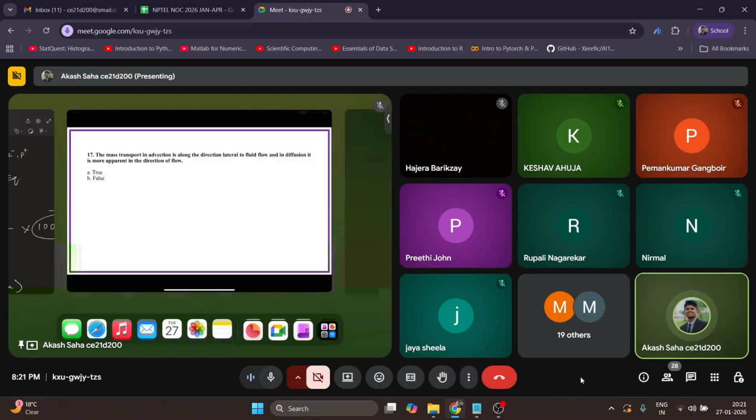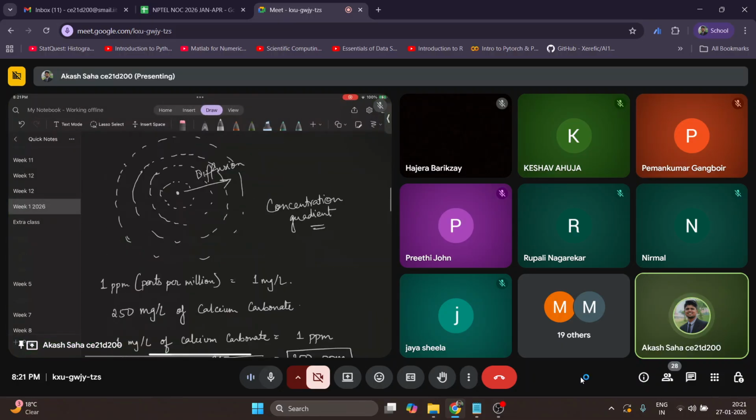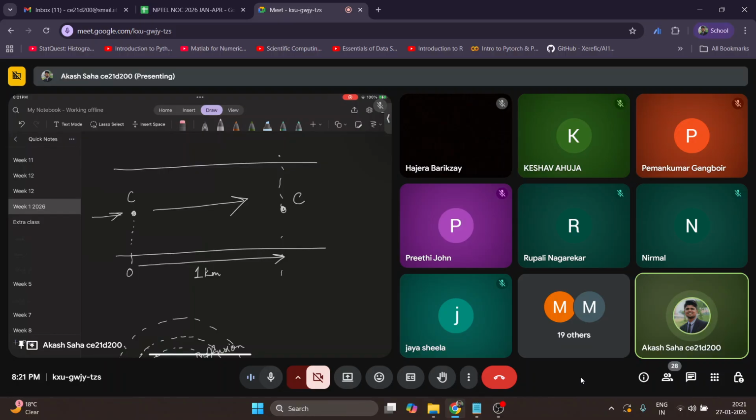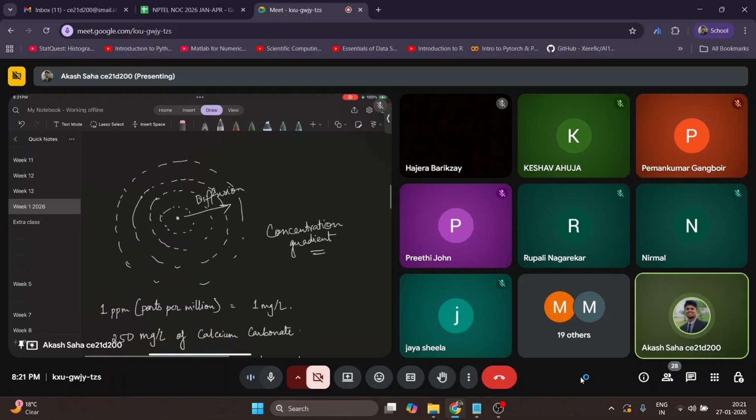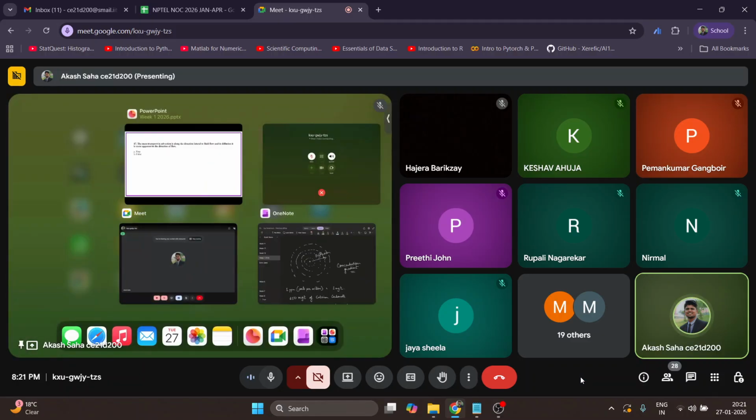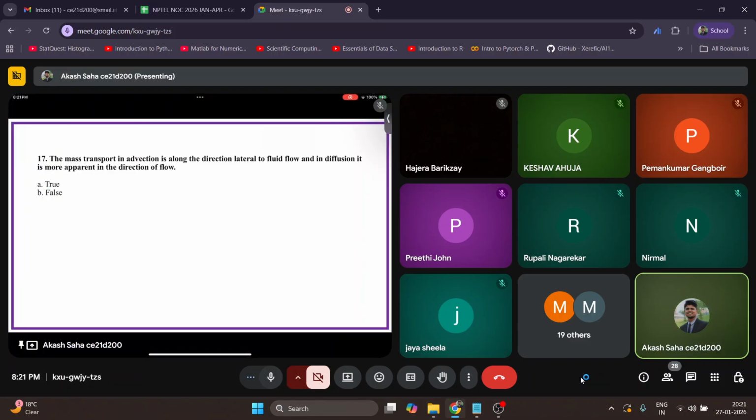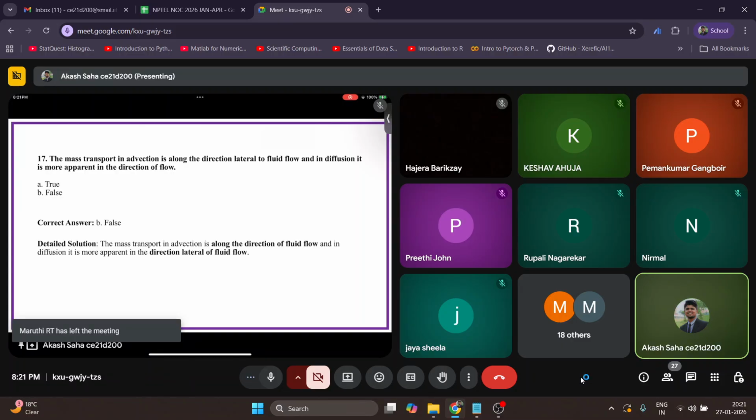As I showed in the last diagram, advection happens in the direction of flow, whereas diffusion happens in the direction lateral to the flow. So this is just the opposite of what is written here. Advection happens along the direction of the flow, and diffusion is more apparent in the lateral directions. This is the right answer.